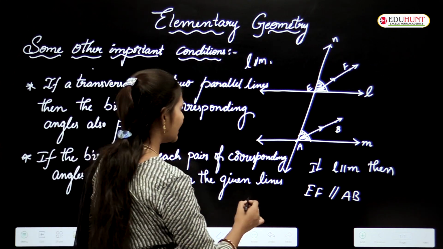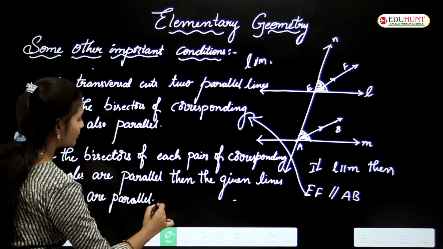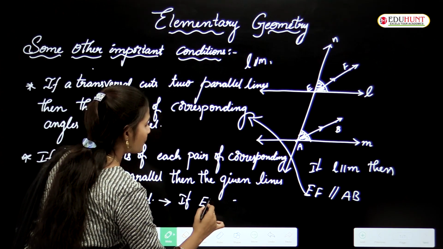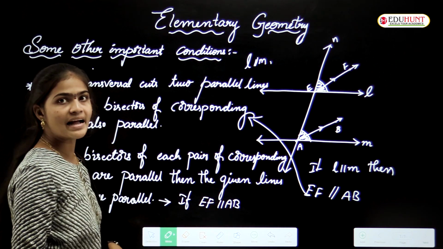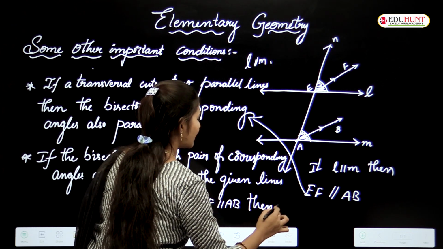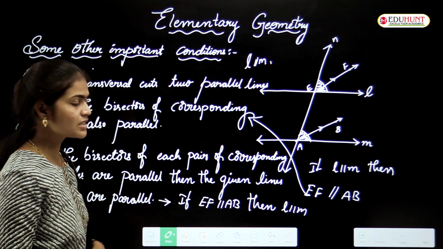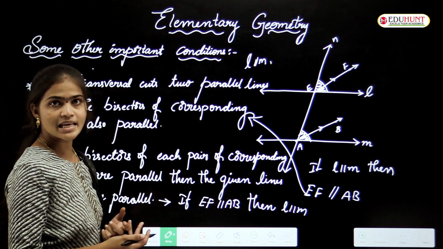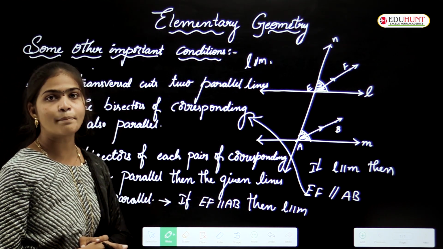The first condition is: if the given lines are parallel, then the angular bisectors of each pair of corresponding angles are parallel.